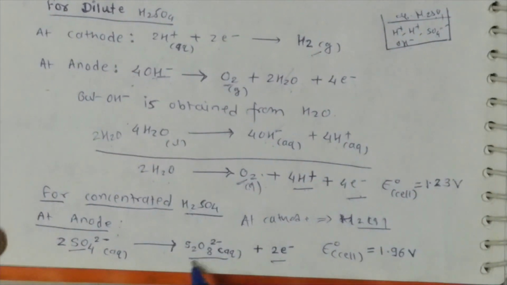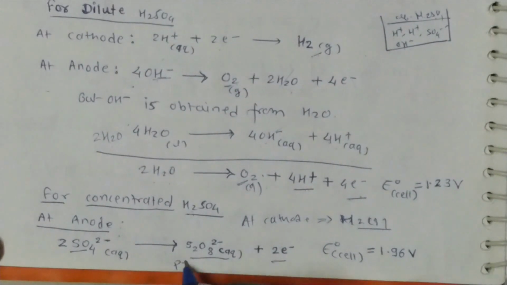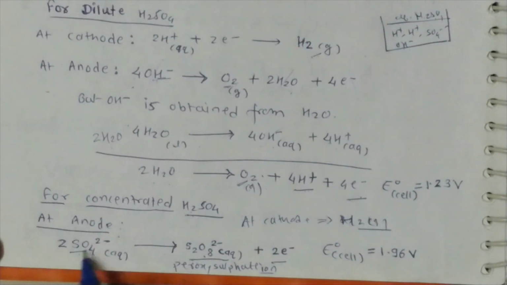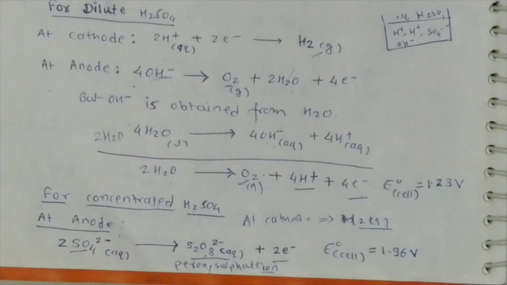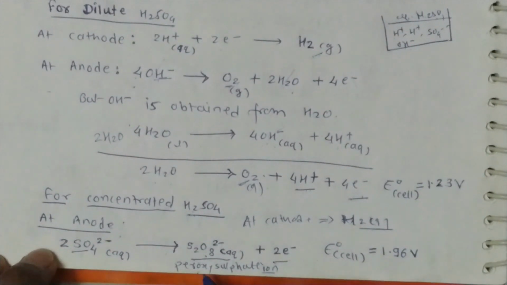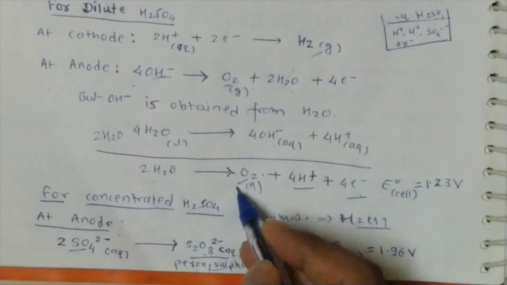And what we get here is H2S2O8, that is, peroxysulfate ion. So SO4 is going to be oxidized to peroxysulfate and gives 2 electrons, where the electrode potential is 1.96 volt. So this will be the product of electrolysis. You have to remember peroxysulfate ion for concentrated H2SO4 at the anode, whereas for dilute H2SO4 you get oxygen gas at the anode.